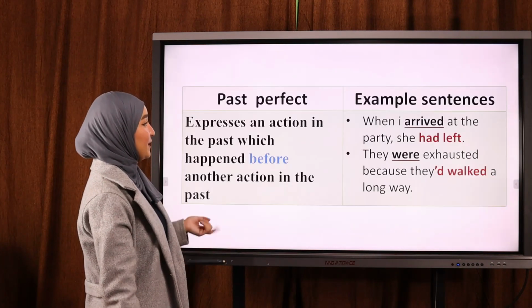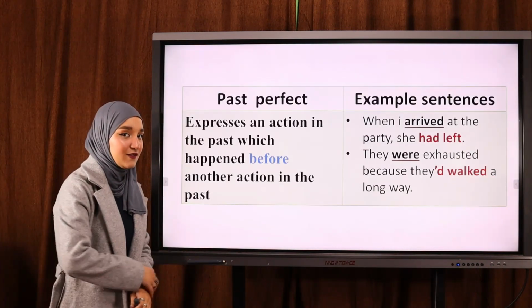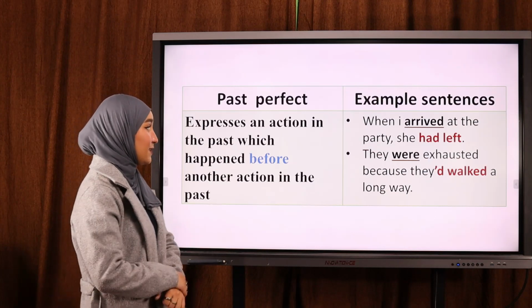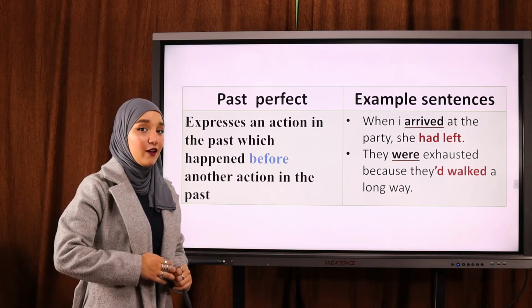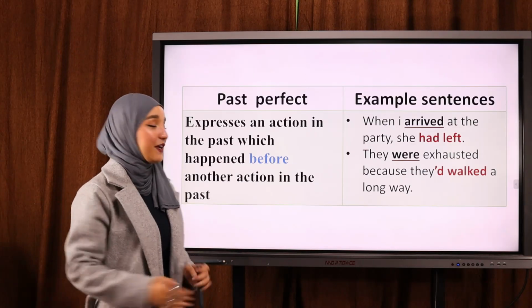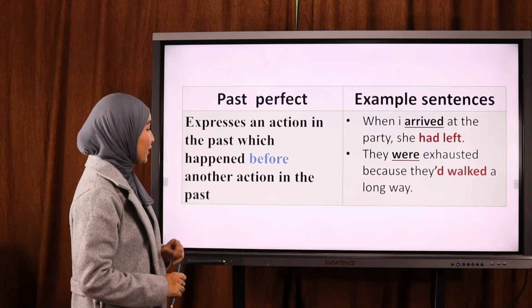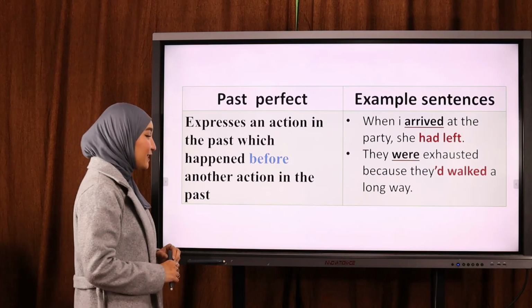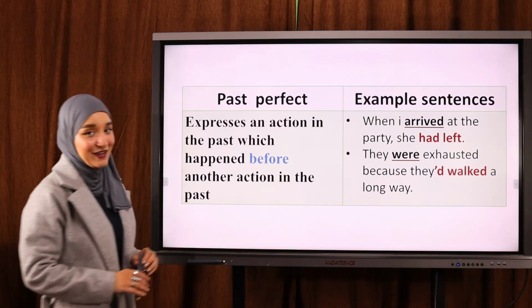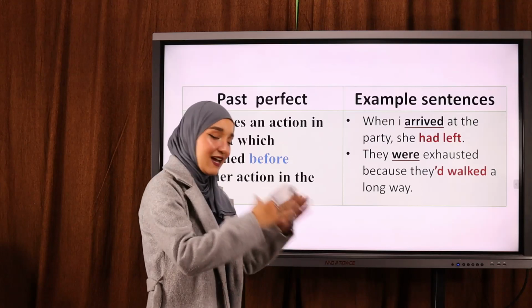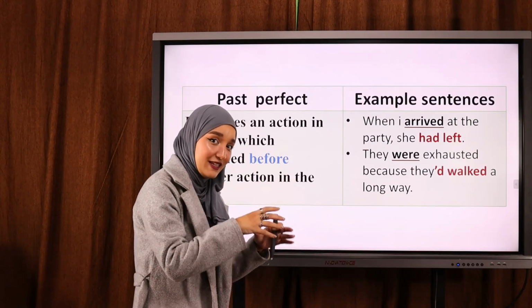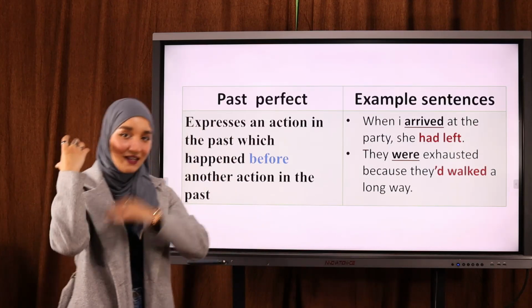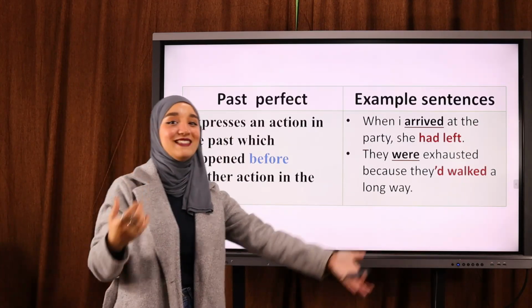So let's talk about the past perfect. When do we use it? Since I said that it's the past of the past, which means something happened a long time ago, okay? We use it to express an action in the past which happened before another action in the past. So حدثت حادثة في الماضي، ولكن قبل أن تحدث الحادثة في الماضي حدثت حادثة أخرى قبل الحادثة التي حدثت في الماضي.